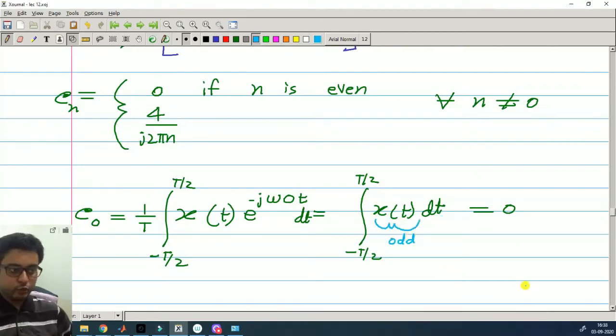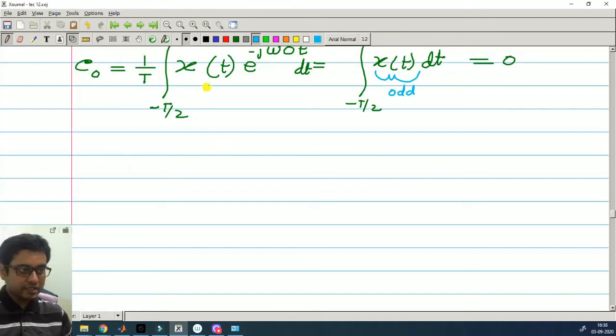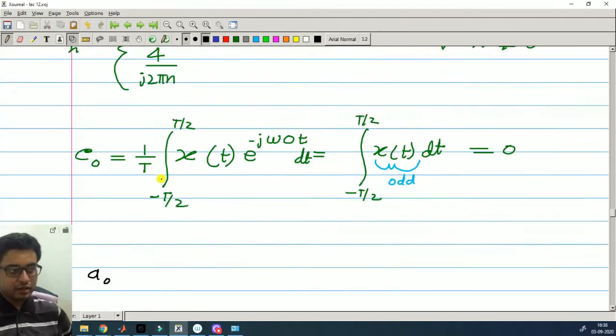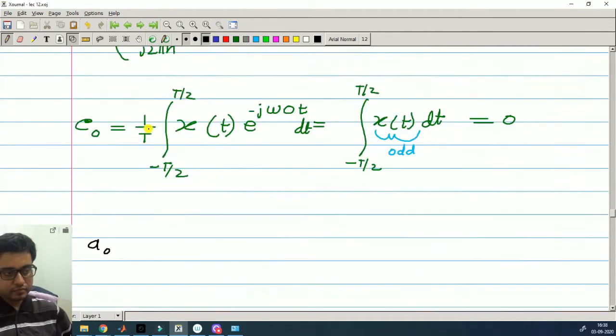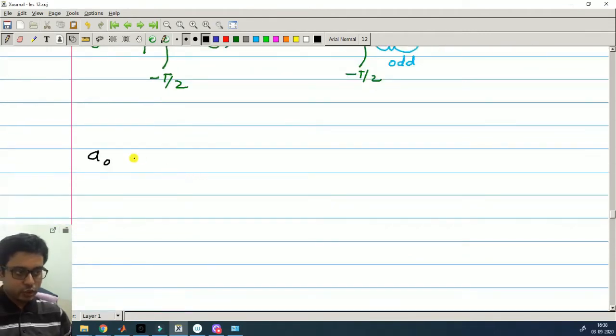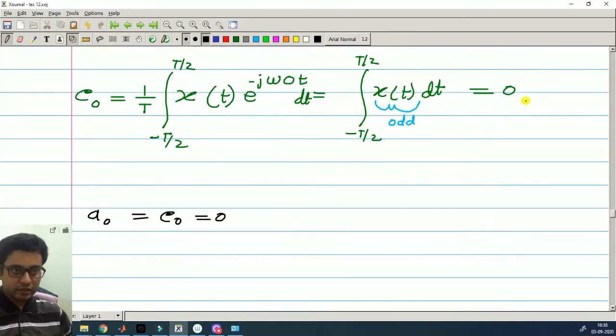Now if we want to find the values of a0, an, bn, etc., let's look at this. A0 is C0, and C0 is 0, okay, and then an is Cn plus C minus n.